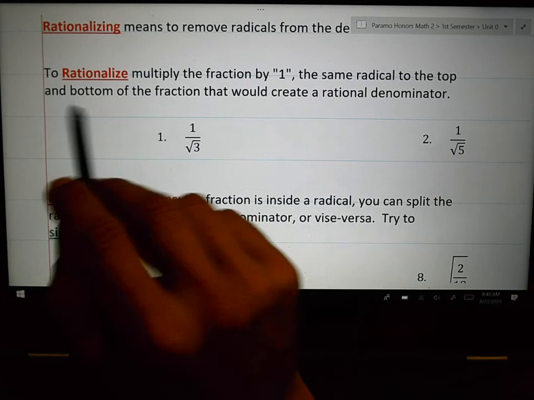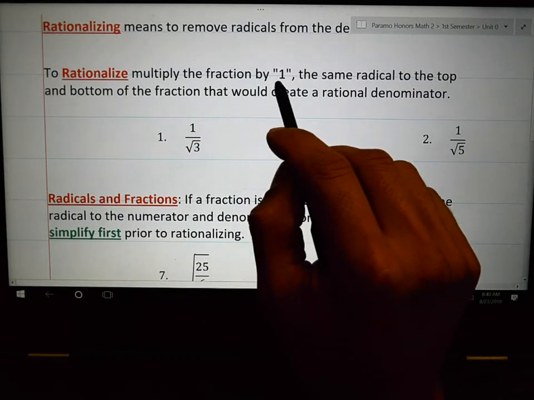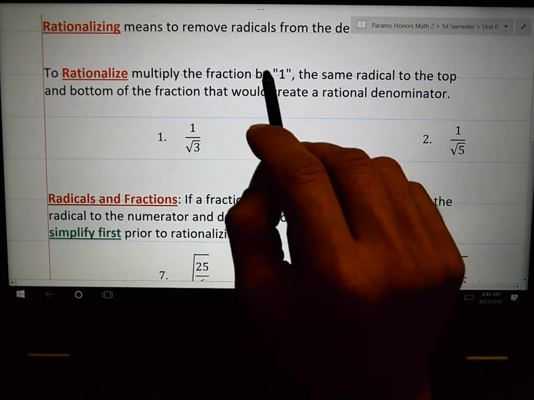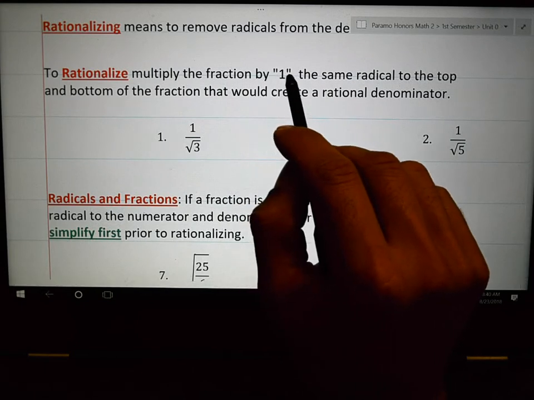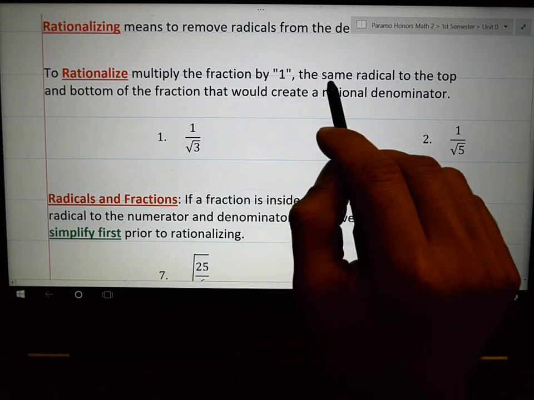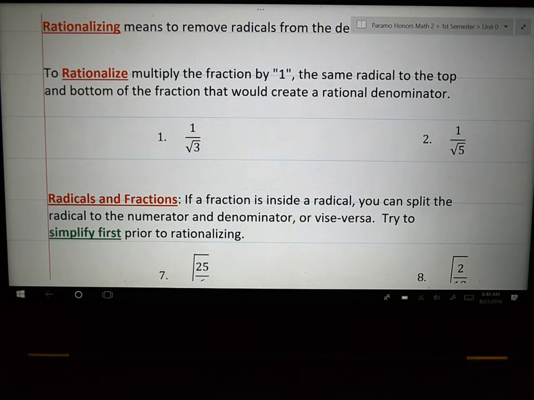So here we go. To rationalize, we're going to multiply the fraction by 1. And I say 1 in quotations because you're not really multiplying by 1. You're multiplying by something that is equivalent to 1. It's the same radical to the top and the bottom of the fraction that would create a rational denominator. Here's what I mean.